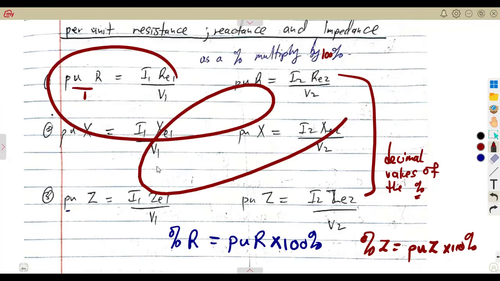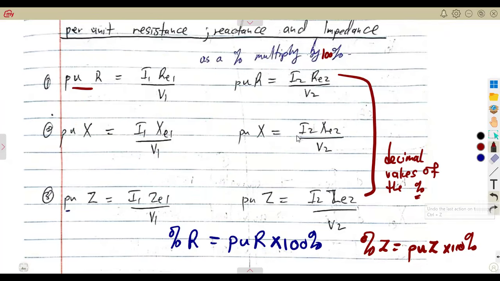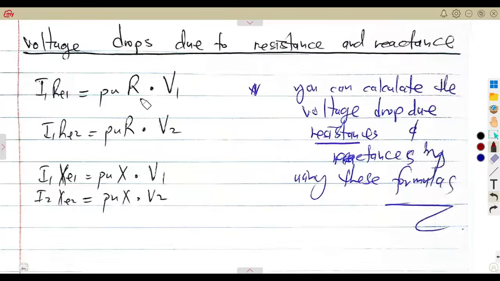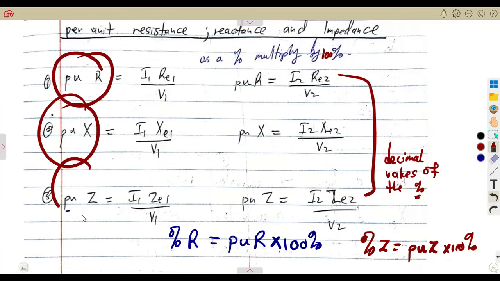So this is where our formulas are. We can change the subject and have them as voltage drops now. Due to resistance and reactance, we write them as voltage drop. But guys, what is important is, can we calculate per unit resistance, impedance?